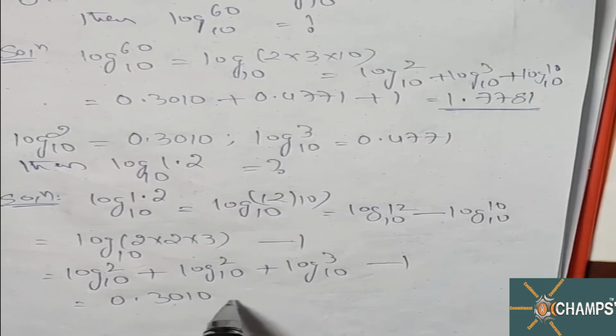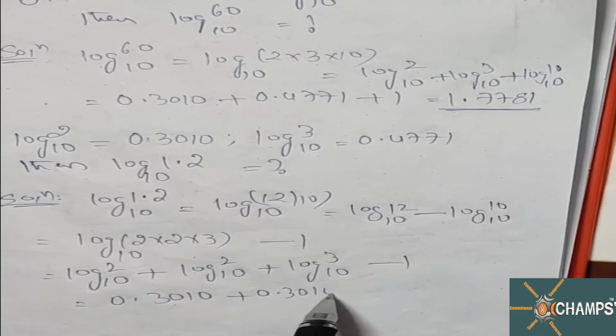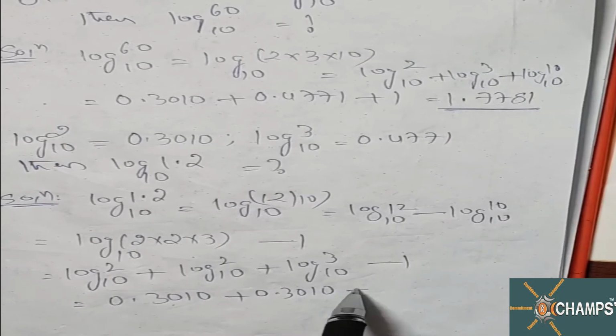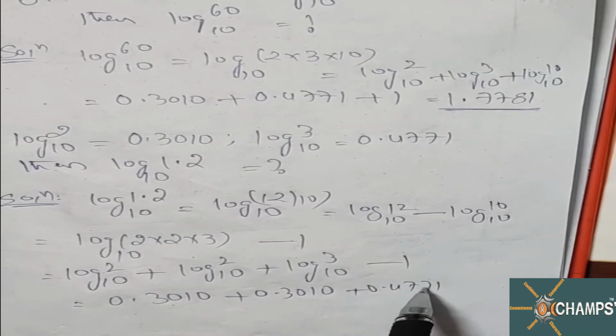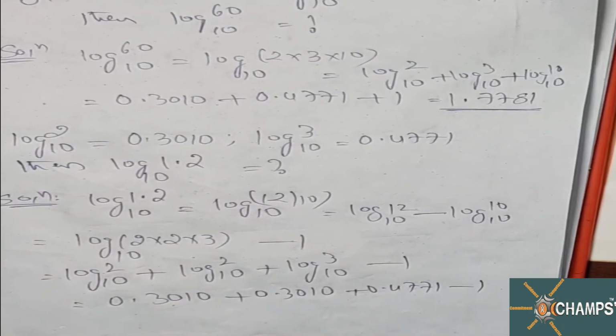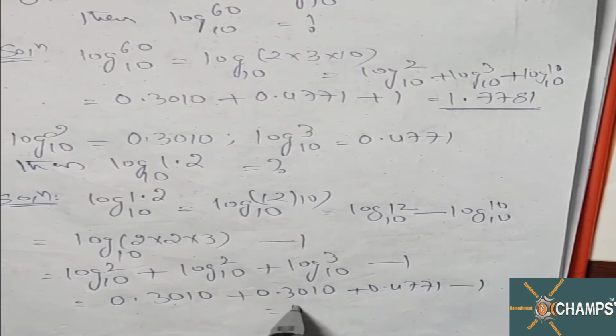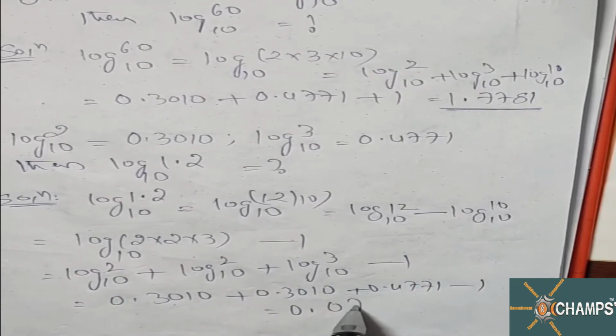So 0.3010 plus 0.3010 plus 0.4771 minus 1. This is 0.0791.